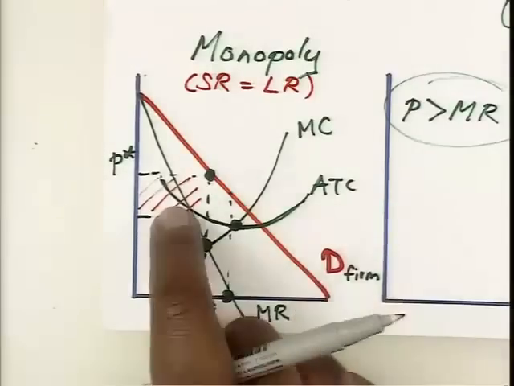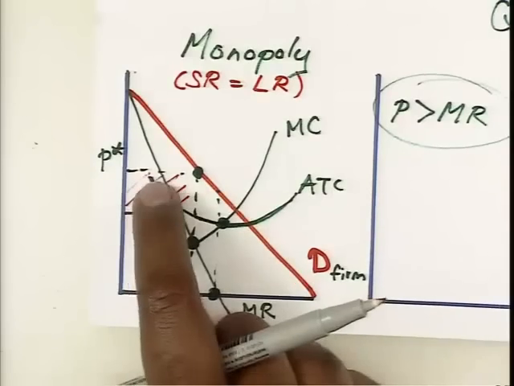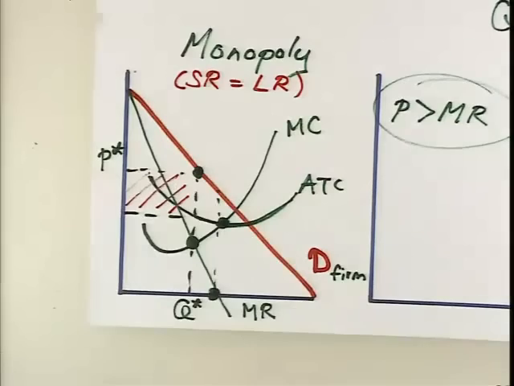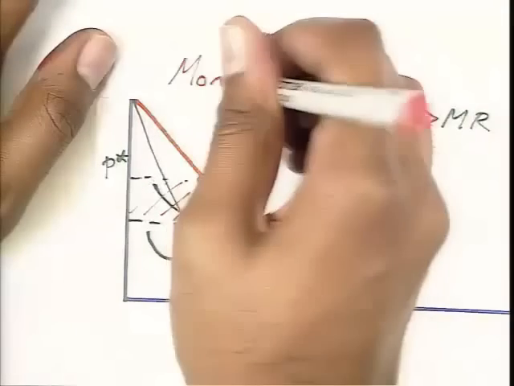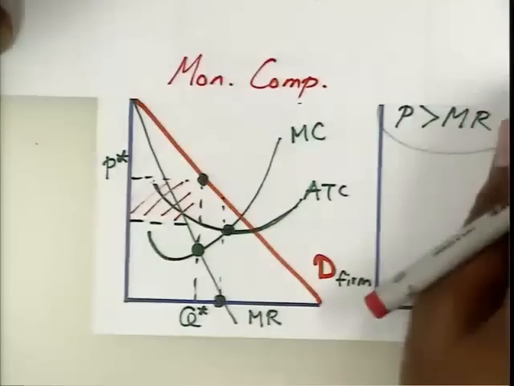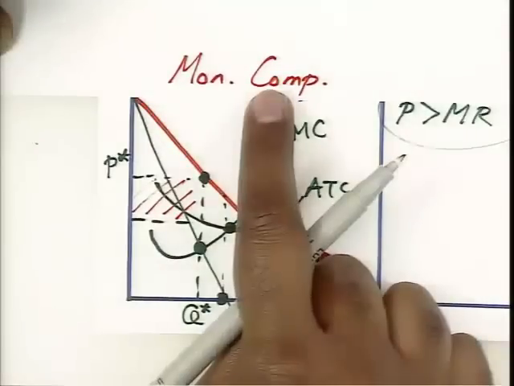If you have supernormal profits, if you have economic profits in the short run in monopolistic competition, new firms can enter the market. When new firms enter, it does not shift supply to the right, like in perfect competition.